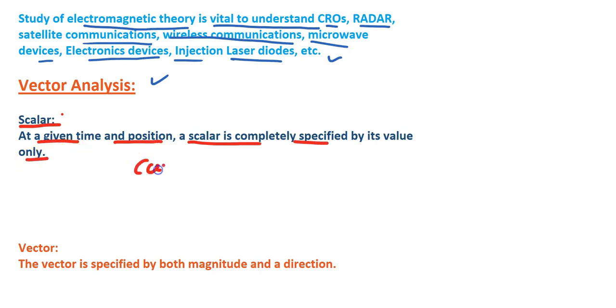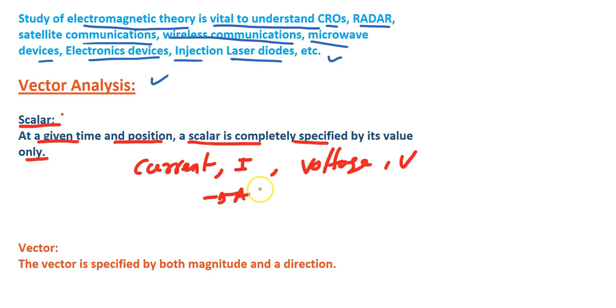Current is a scalar, voltage is a scalar, like 5 ampere current, 4 ampere current, or in phasor notation 5 plus j3 volt or 3 minus j2 volt, like that. So these scalars are specified by their values.